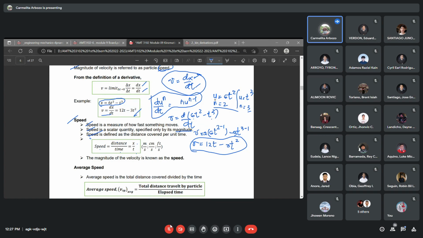Ang unit niya ay meter per second, centimeter per second, or feet per second. Sometimes, gumagamit ng miles per hour, or kilometers per hour. So, speed pa rin yun. Okay? Then, the magnitude of the velocity is known as the speed. Okay na dito?